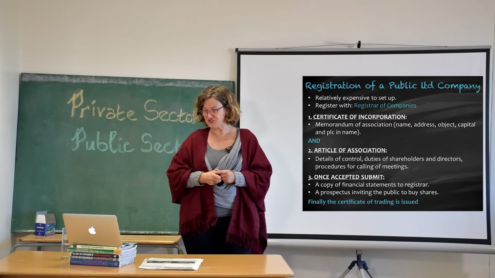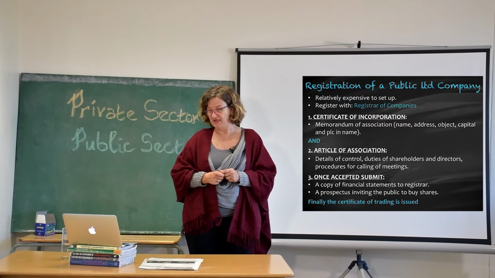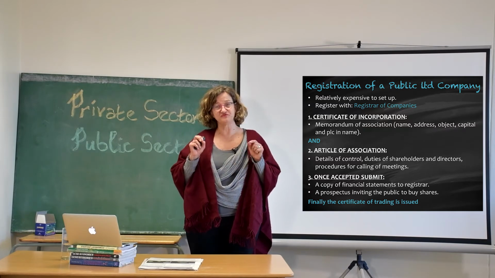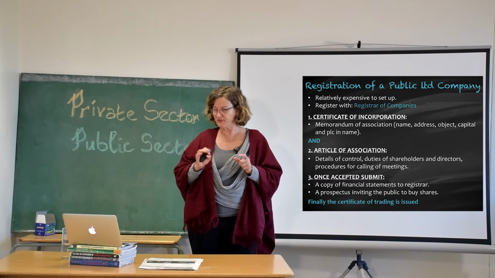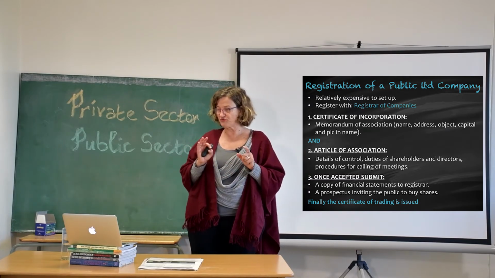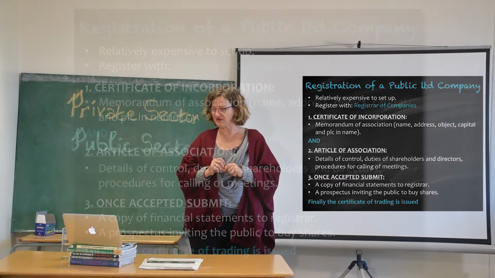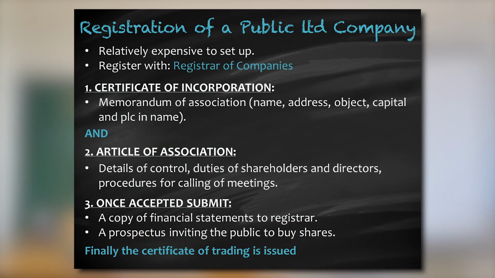Okay, the registration process for a public company is very time-consuming and very expensive, and so we will look at that. You must register at the Register of Companies. You must complete a certificate of incorporation. This certificate has your name, your address, and the objectives of this company.